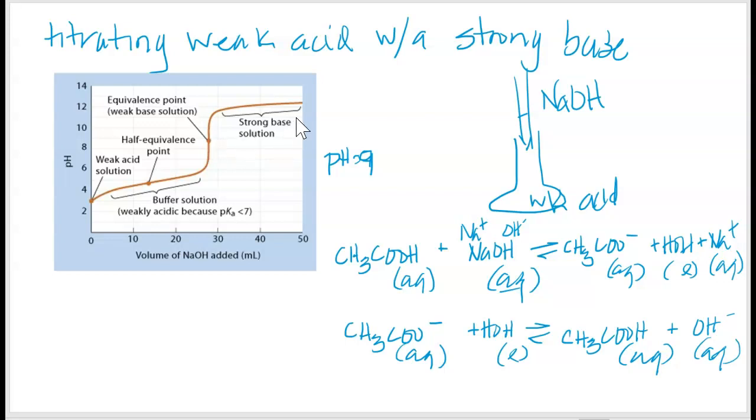Notice that it takes about, let's say, 28 milliliters of sodium hydroxide to get to the equivalence point. If I take the 28 mils and divide by 2, that's 14 mils.